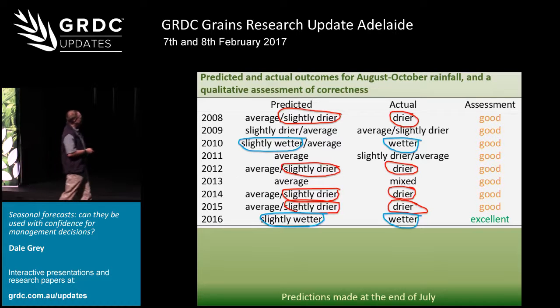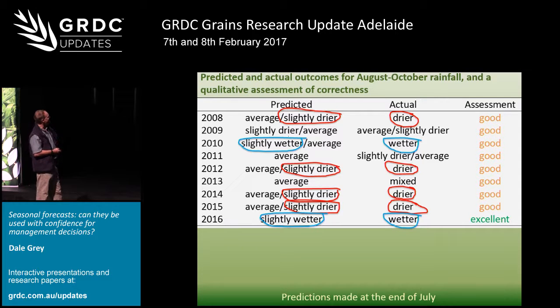I've often wondered though, well, I haven't wondered enough. I've looked at this data more recently and noticed, quite scarily, that when half the models start to deviate away from average, that has really often happened. So half the models here saying slightly drier in 2008, it was drier. 2009, that was a neutral kind of year.